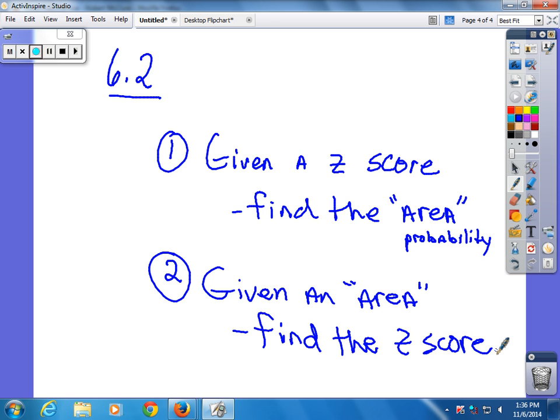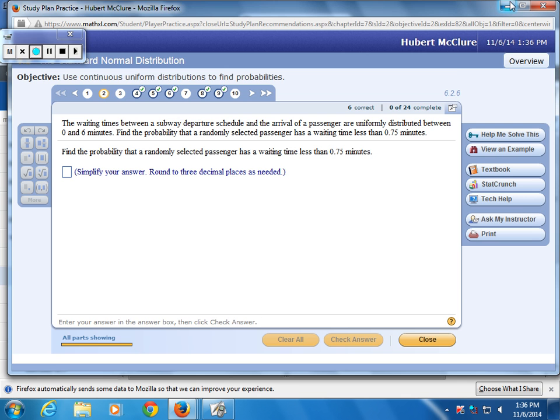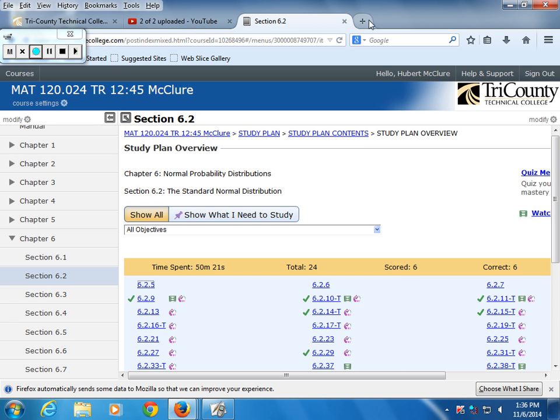All right. So there's your 2 types of questions for 6.2. You just basically have to read the question. Now, how do you find the area of the z-score? Well, if you have your book, look in your book for the table. If you don't have your book, all you have to do is go to Google, and I'll tell you what to type in.